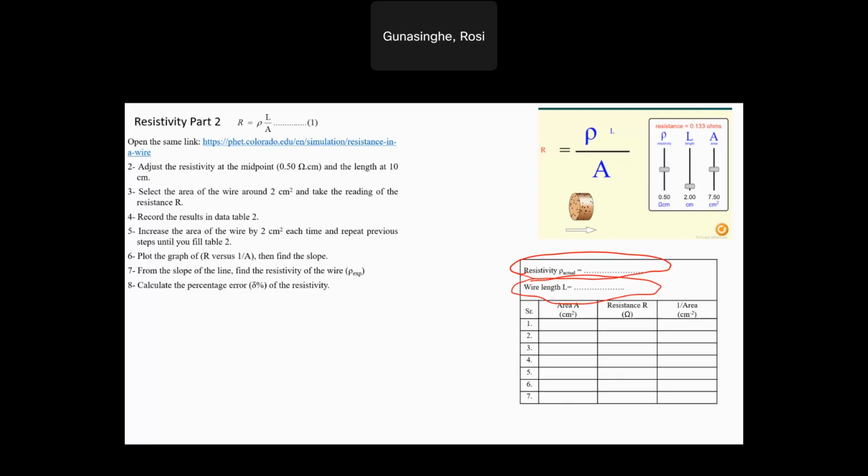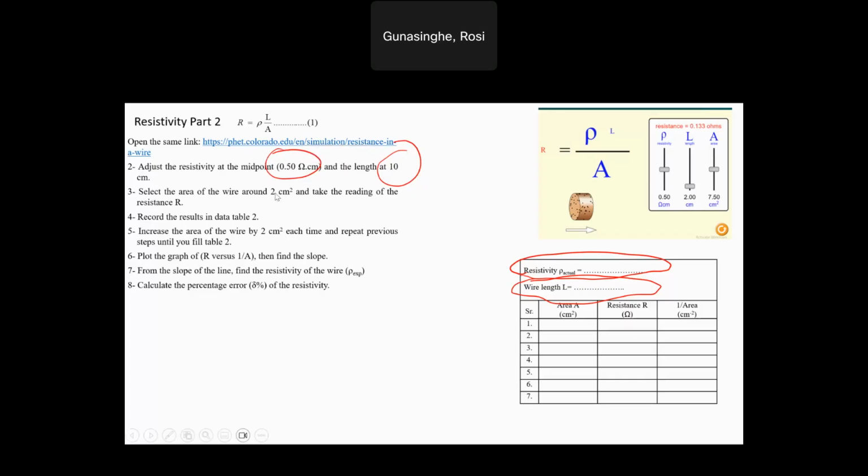So if we go to the simulation, you can see that we have to fix our resistivity to 0.5 and length to 10 centimeters. And then we can change the area, starting from around closer to 2 square centimeters, and then you can change it.